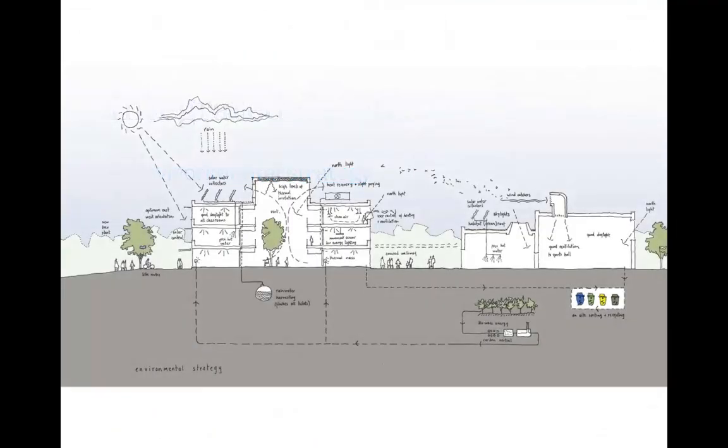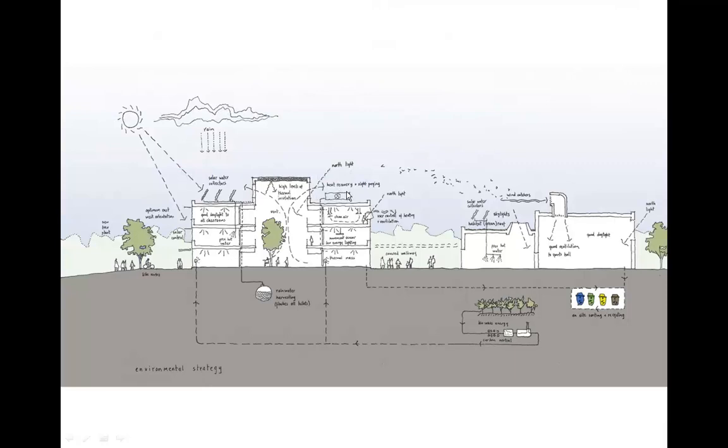So the environmental strategy, which led on from that, was we did these kind of sketchy drawings to explore that, and what we were looking at was a whole series of interventions. We're keeping natural ventilation in this kind of atria space, but all the other rooms are mechanically ventilated.